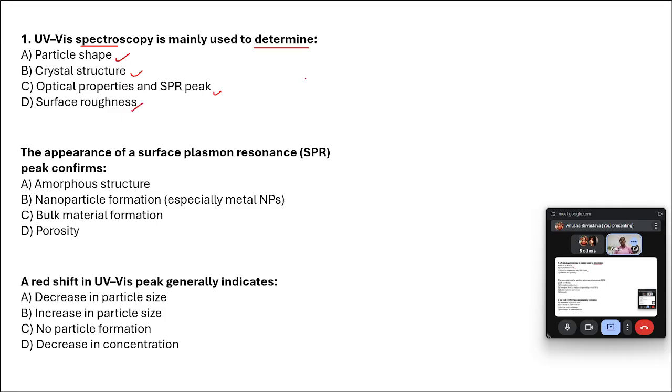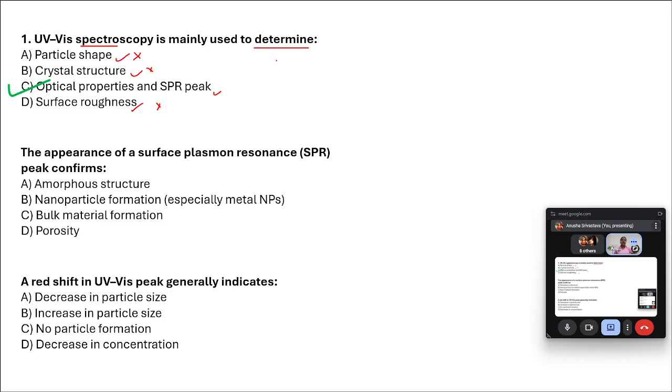Obviously, when we're talking about absorption spectra, it doesn't show us the particle shape, the crystal structure, or the roughness. The correct answer is optical properties and SPR peak.